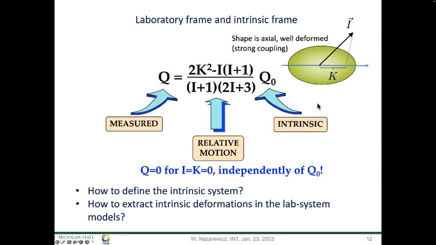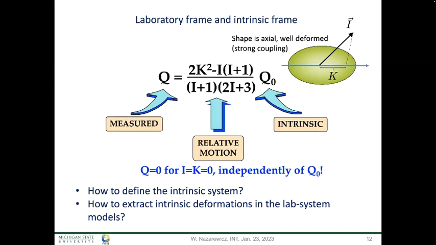If the nucleus is very well deformed, and let us assume for simplicity that the nucleus is axial, then if this is the intrinsic nuclear shape, and this is the angular momentum, then the projection of the angular momentum on the symmetry axis of the nucleus is a good quantum number.